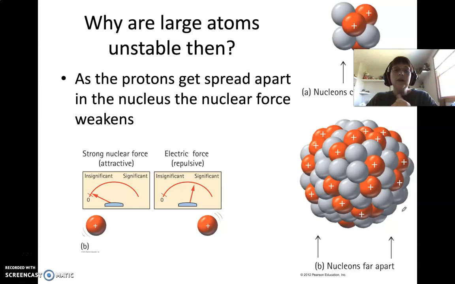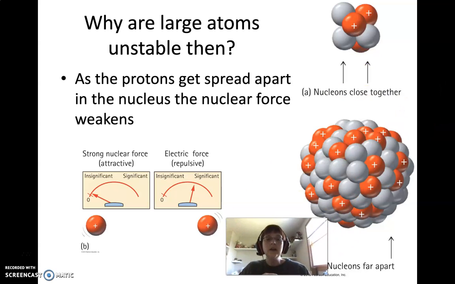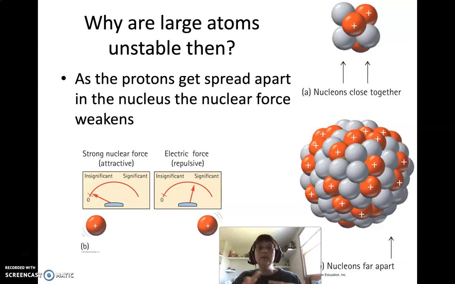So then why do we end up with these unstable elements? Well, it's the big ones, number 83 and larger, that are the unstable radioactive elements. It's because the protons get spread apart and the nuclear force weakens. When you have a small element, like this one up here, the protons are close together.